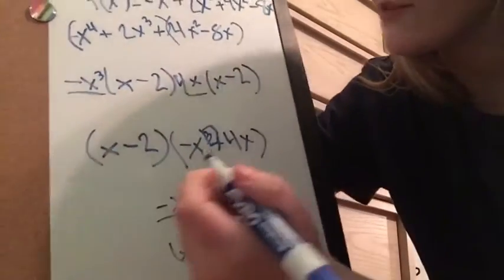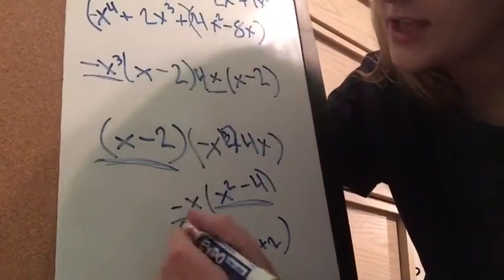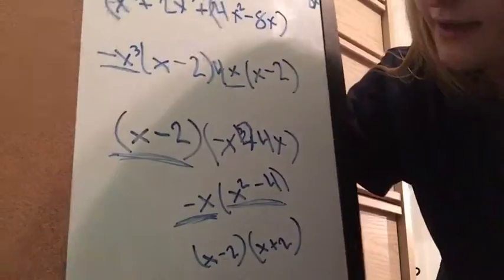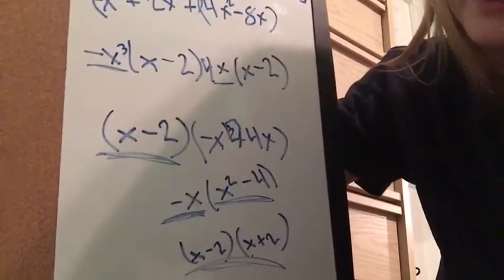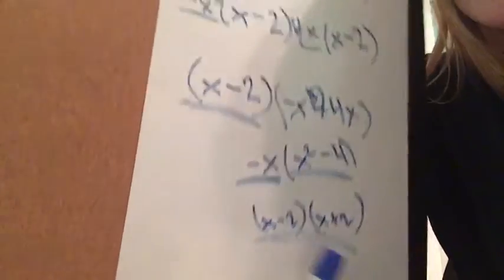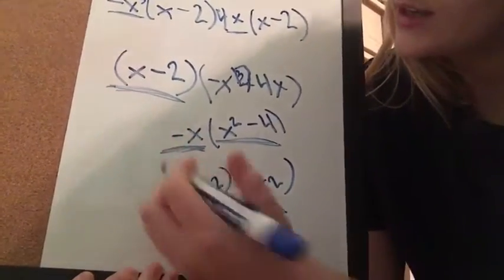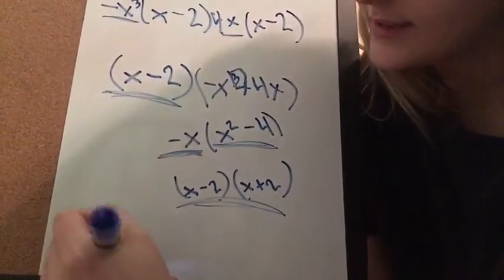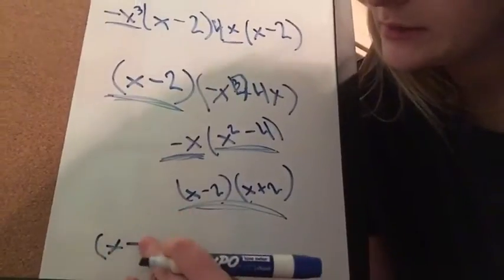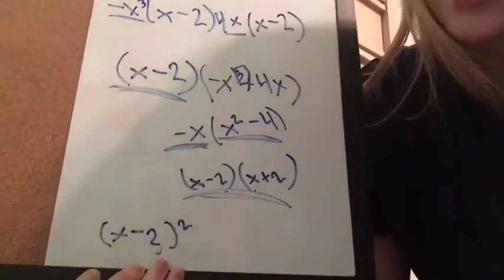So you're going to bring down everything that you've already got. So you have this right here, you have this one right here, and you have these two. So when I rewrite this, you're going to have 2x minus 2. So I'm going to put x minus 2 squared, since there's two of them.